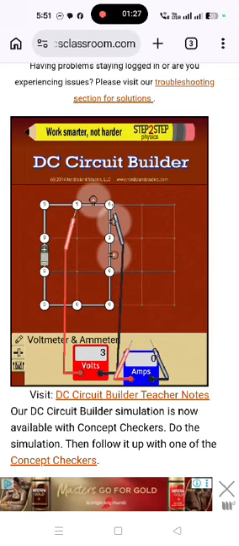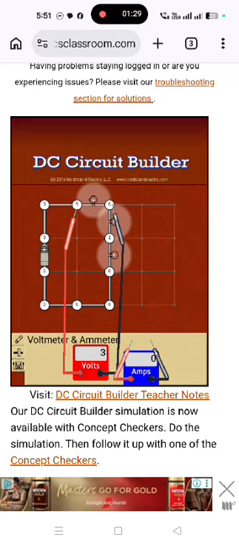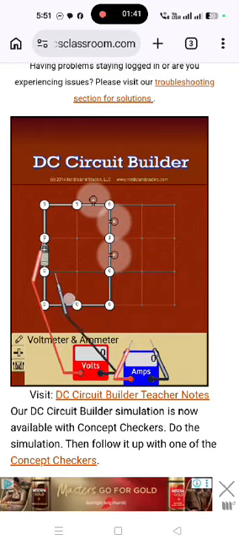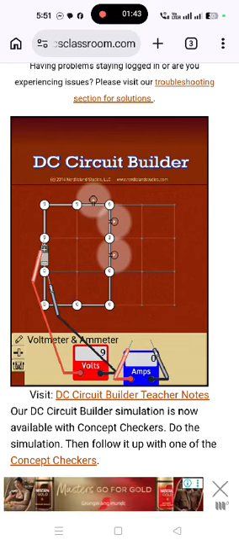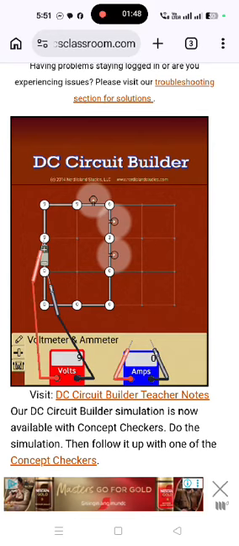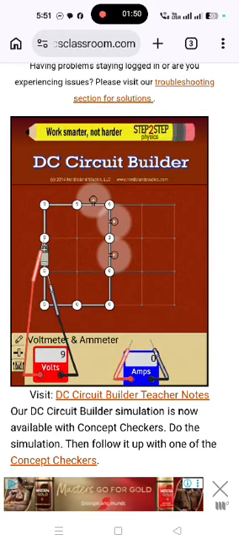Now, how much is the total voltage of the system, of the circuit? So there is 9 volts. So the total voltage of the circuit is 9 volts.